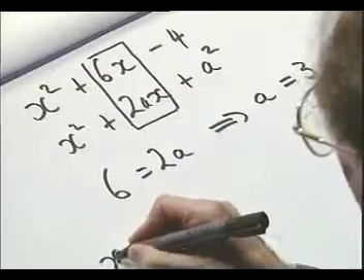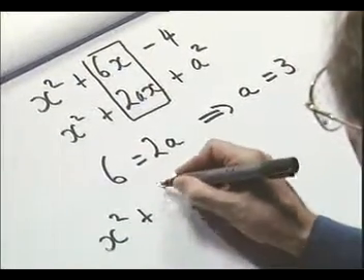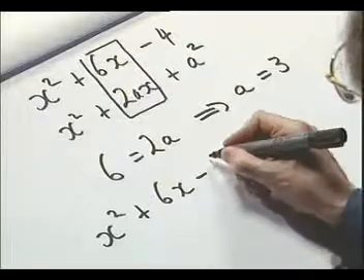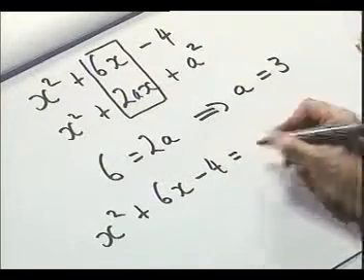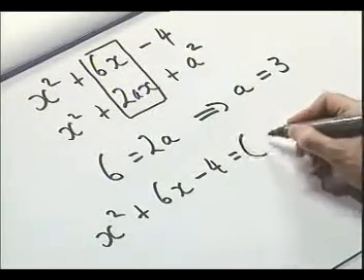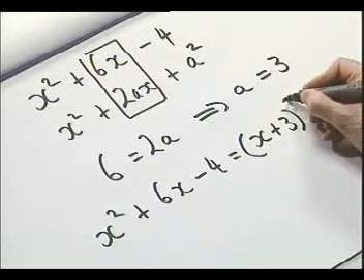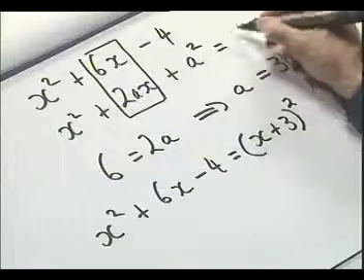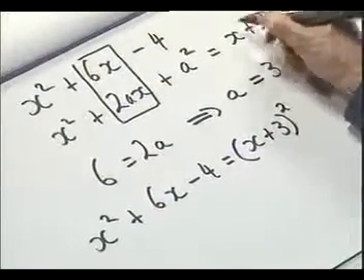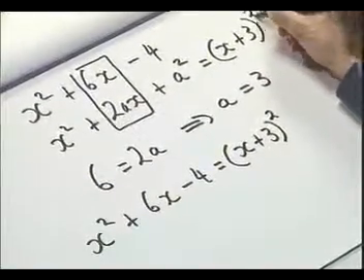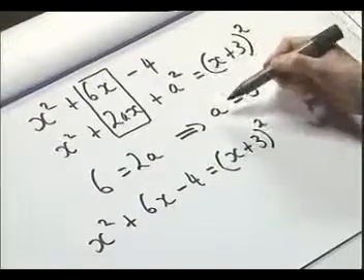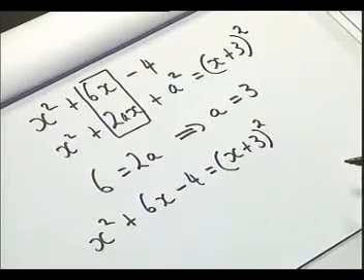So let's write this down. x squared plus 6x minus 4 equals (x plus 3) all squared. Remember, this is x plus 3 all squared. Now I'm replacing the a by 3.